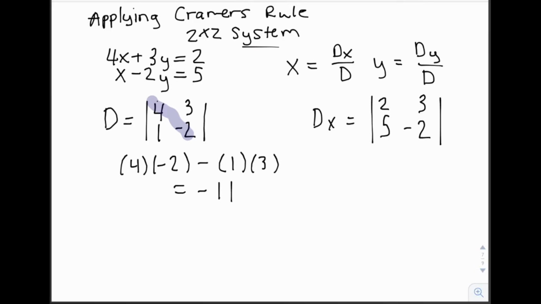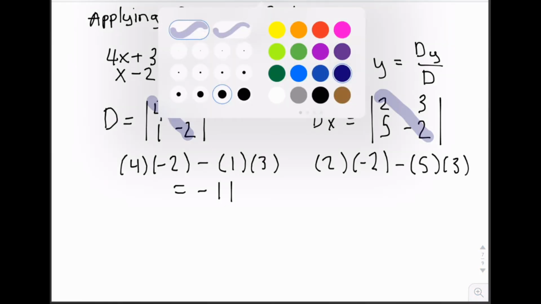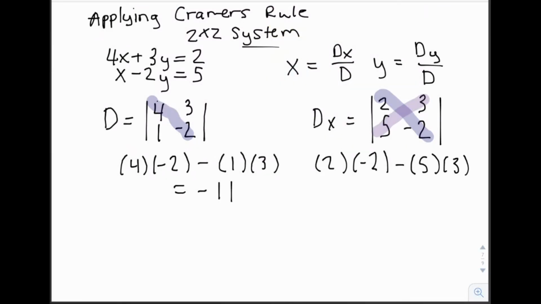So again, we want to move in the downward direction first. So that will give us a 2 times a -2, and then minus, in this case we have a 5 and a 3 moving in the other direction, which is going to be our upward direction here. So that should give us a -4 minus a 15, so that's going to be equal to a -19.